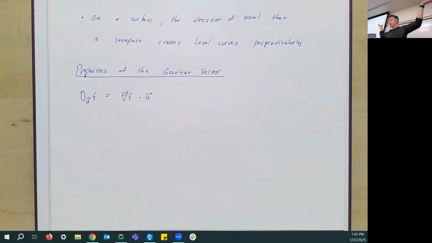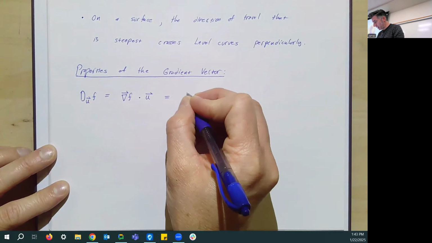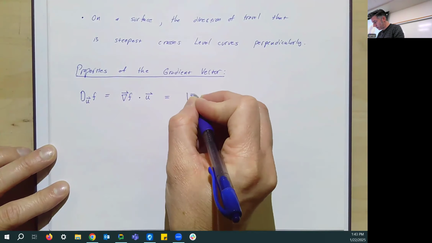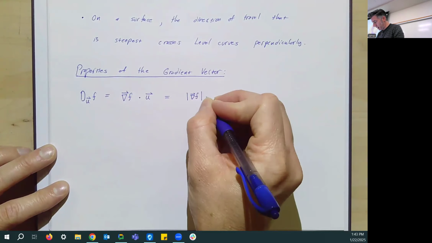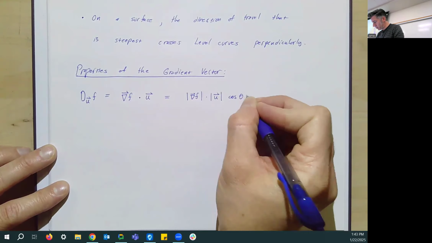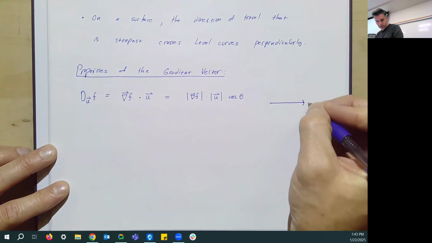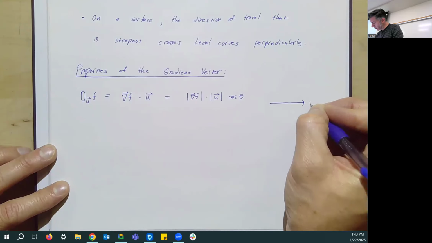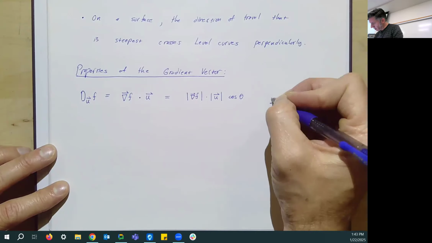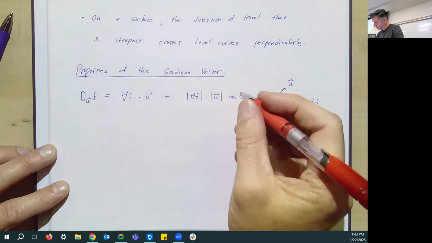But there's another way, which is that if you know the angle between the vectors, then that's going to be the magnitude of the first vector times the magnitude of the second vector times cosine of the angle between those two vectors. Where we're imagining this is your gradient vector, and there's your unit vector, and there's the angle between them.